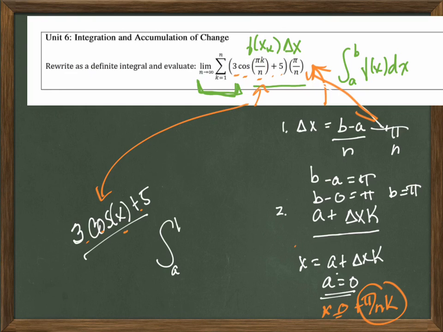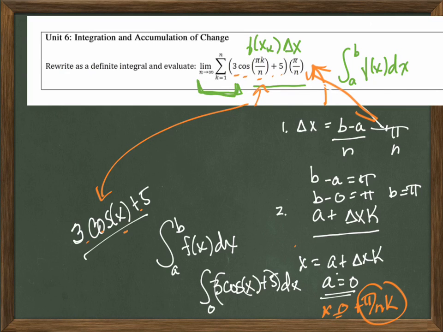This is a to b of f of x dx. So far I've got the function 3 cosine x plus 5 dx, and I know it goes from a to b. A was 0, and b was pi. So I'm not going to evaluate it right now. I just want you to be able to write that from that.